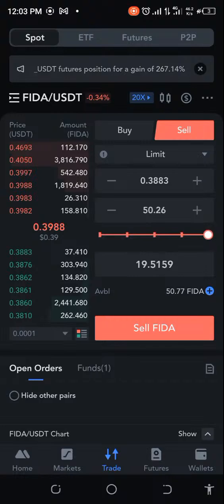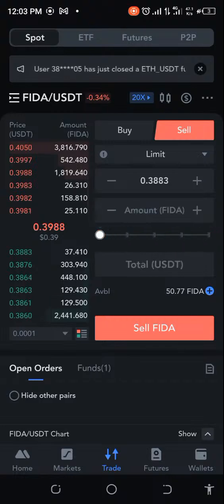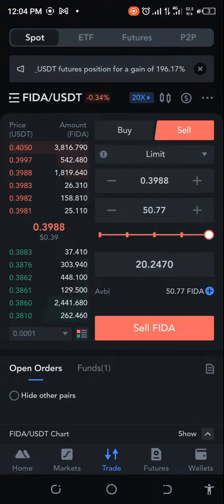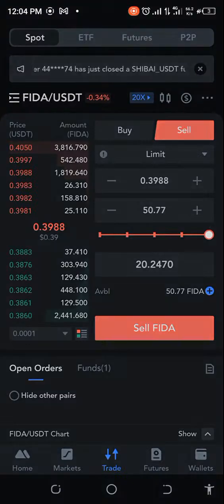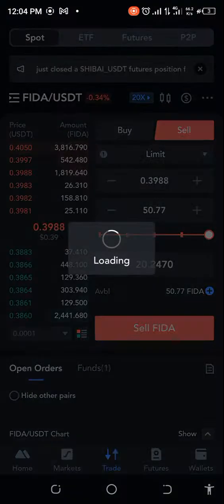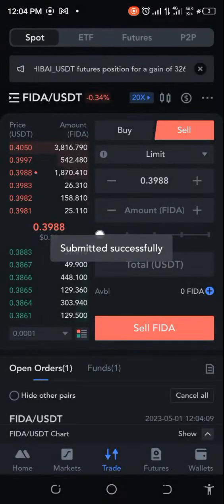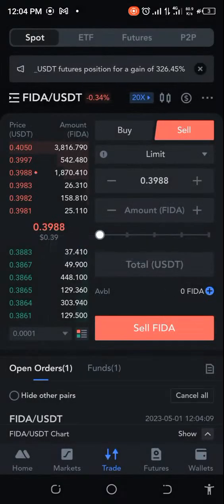So definitely I don't want to sell it at that point. So I have to choose the one that is going to give me profit, right? And then I'll go with that. So we're going to go back in the queue and see how long this takes. And wait patiently and hope that we're definitely going to get this sold quickly.